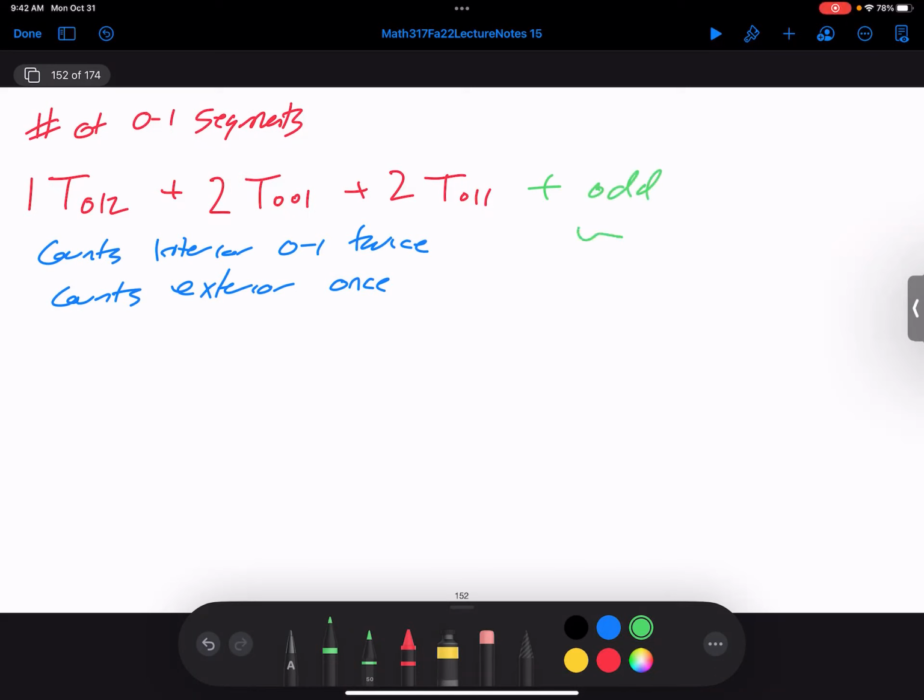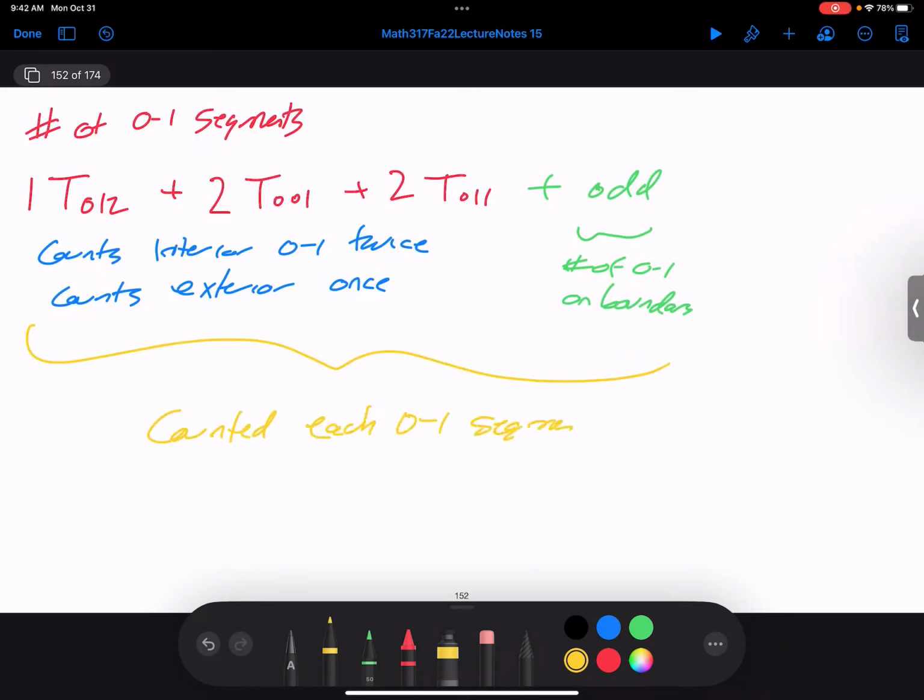And this is the number of 0, 1 on the boundary. And now we've counted each 0, 1 segment twice. So what can you tell me about this sum? It's even, right? We've counted everything twice. So since we've counted everything twice, it has to be an even number.